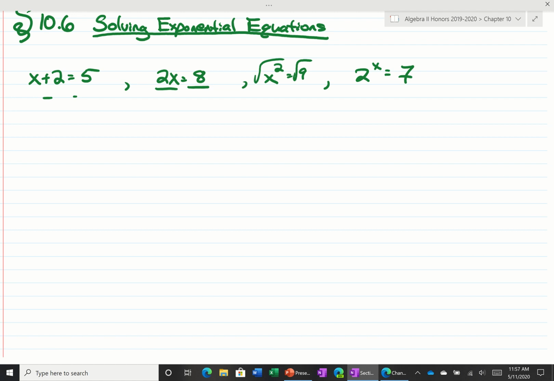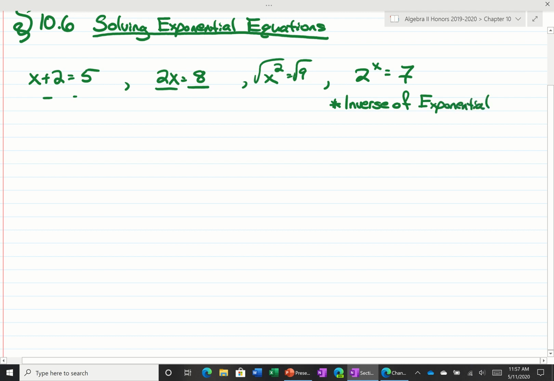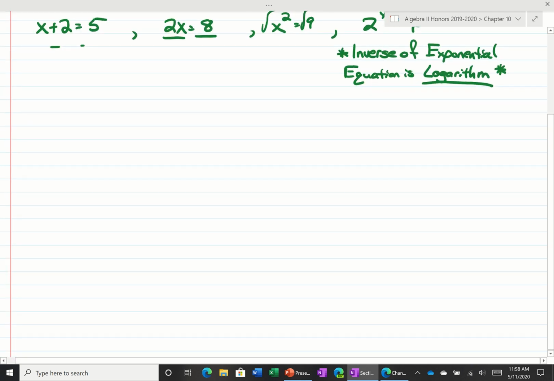So we have to remember that the inverse of this kind of exponential equation is logarithm. All right, so the way we're going to solve an exponential equation, meaning that there's a variable in the power, is we're going to use logs. So let's actually do that problem.